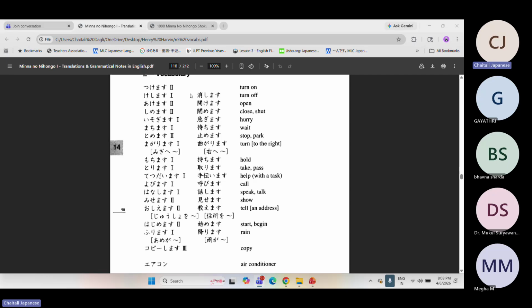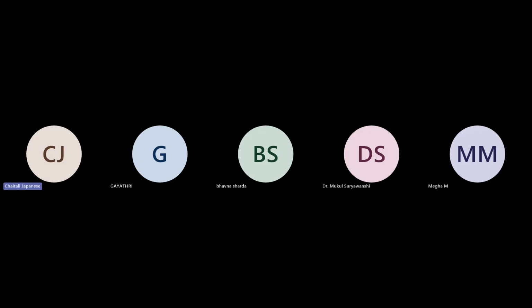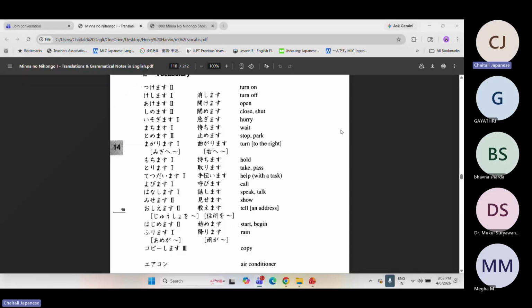Okay, each chapter is dedicated for each form. Your first, that is the verb in te form, the vocabularies. Yeah, let us just go through the vocabularies and then let us start with the chapter.